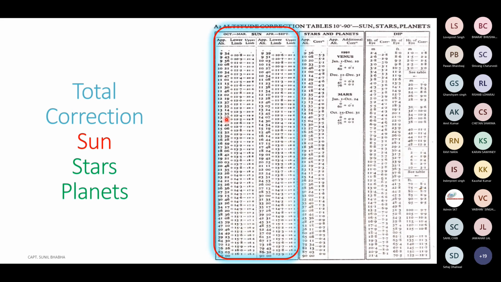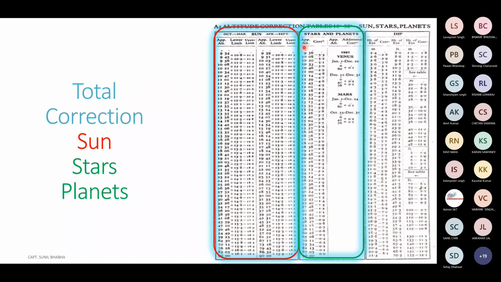Now moving to the second celestial body, that is the stars, and the next one, that is the planets. Now for stars and planets, we have a single table. The second table which you see on the first page of the almanac gives you the total correction for stars as well as planets.